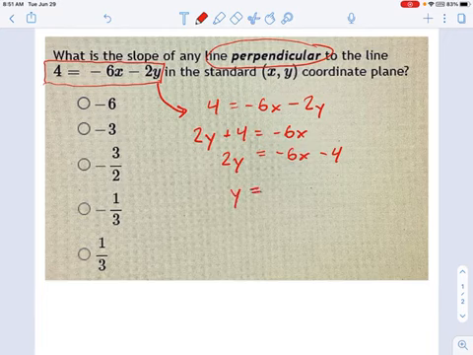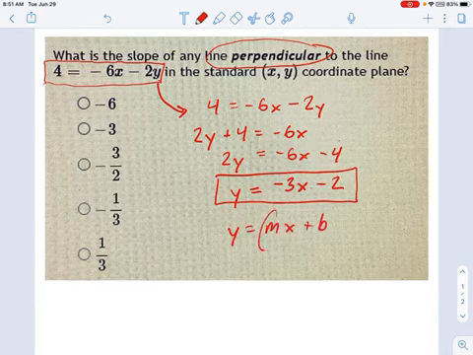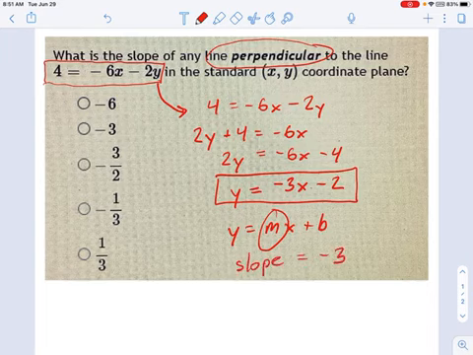So I get a nice y equals equation. So there's my equation, and we can figure out the slope by remembering y equals mx plus b, right? That's slope, m. So the slope of this line is negative 3.